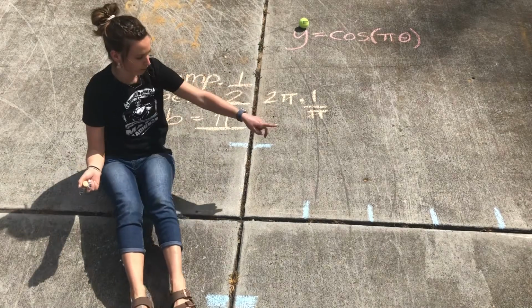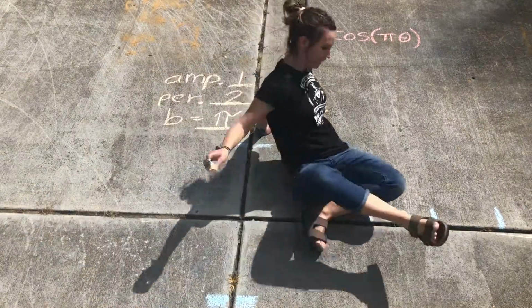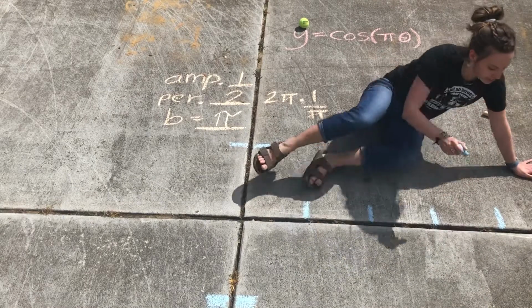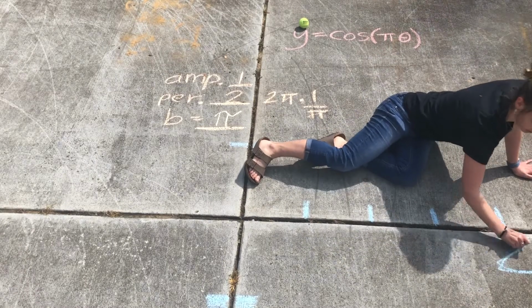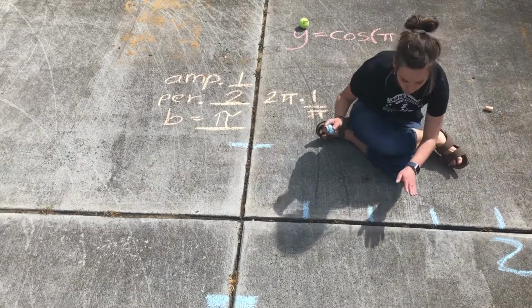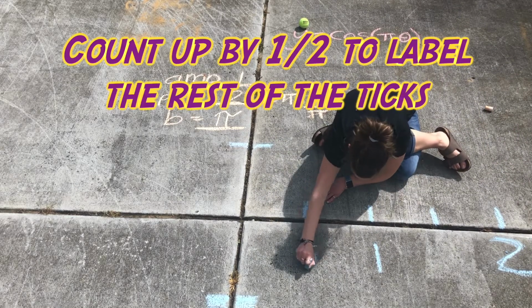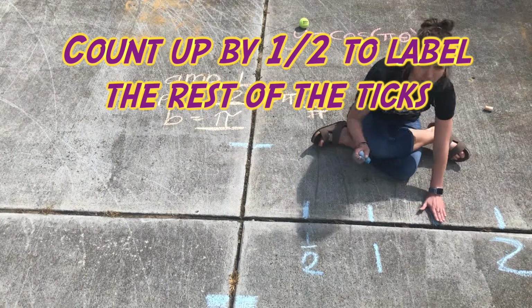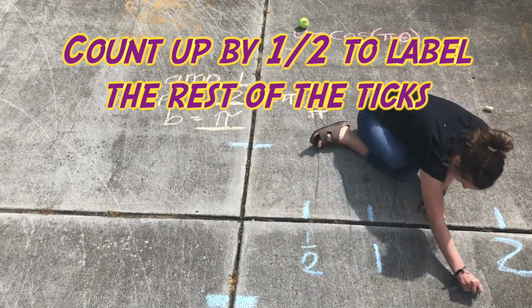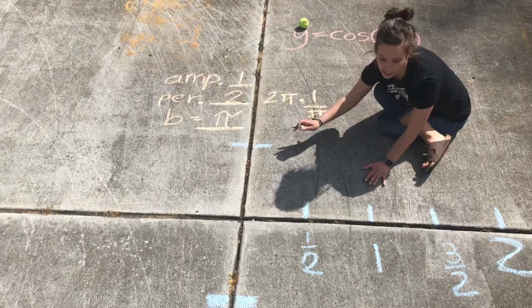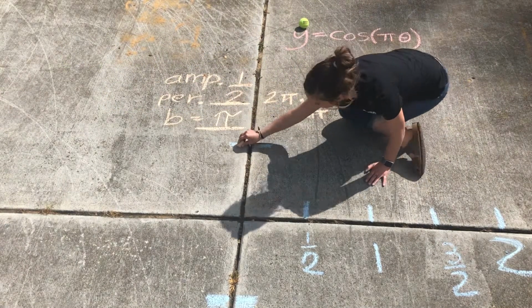Then I hop over to my graph, label my period at the end, 2. Half of 2 would be 1. Half of 1 is 1/2. Cosine is shaped like a cup, so we start up.